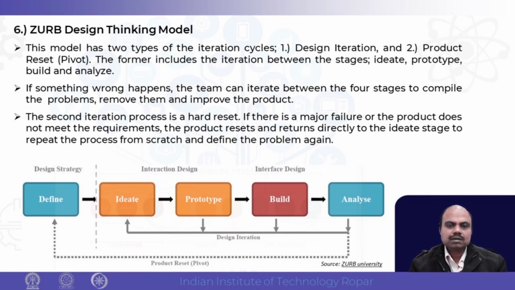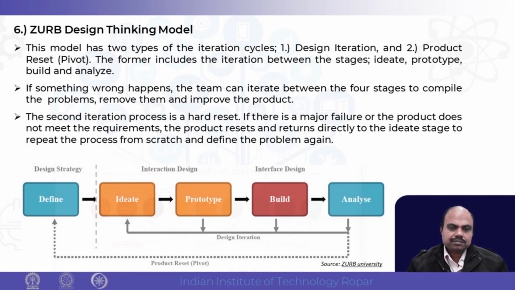The former includes the iteration between the stages ideate, prototype, build, and analyze. So if something goes wrong, the team can iterate the 4 stages, go back, find the problems, remove them, and improve the product.